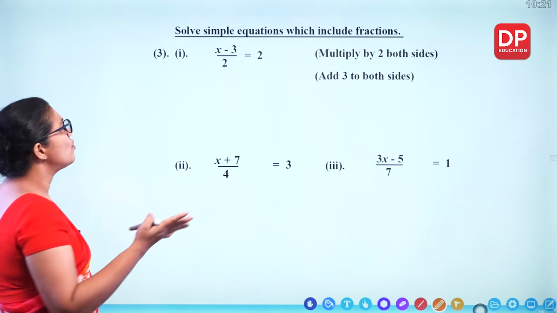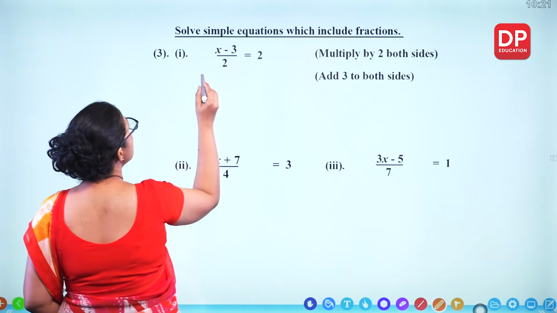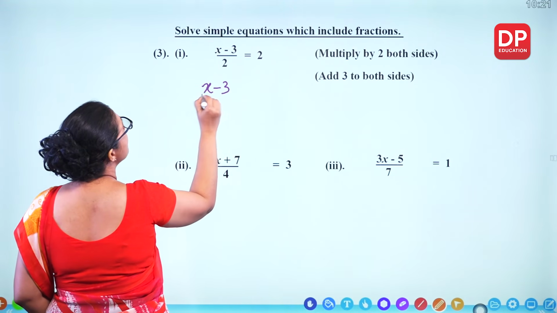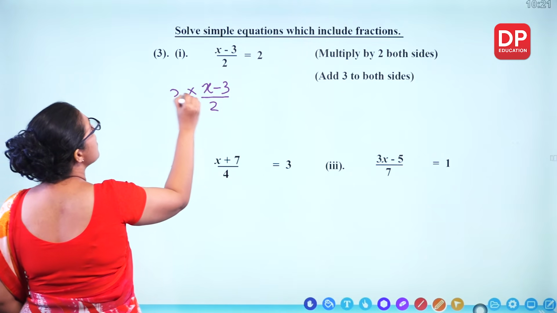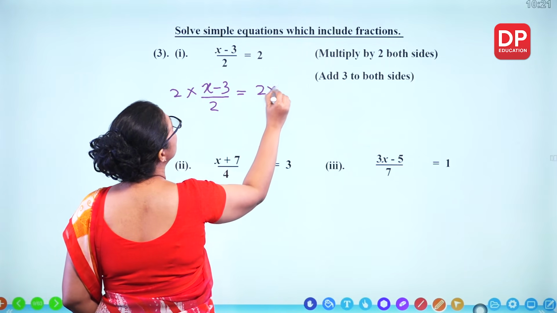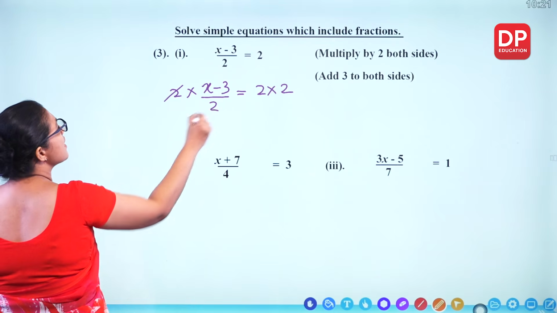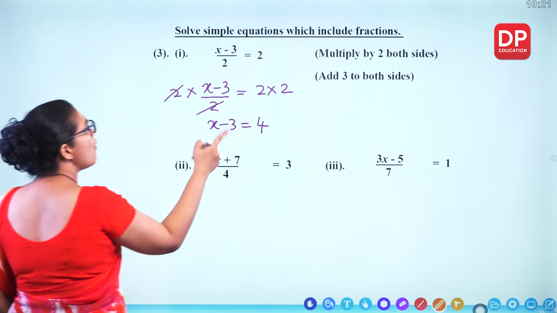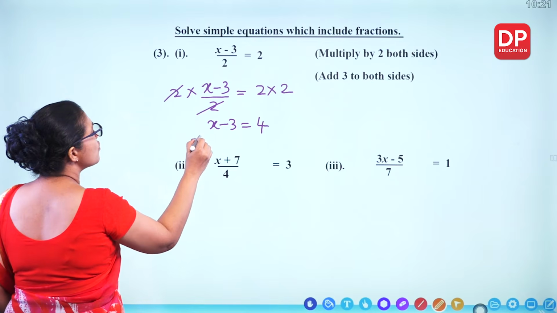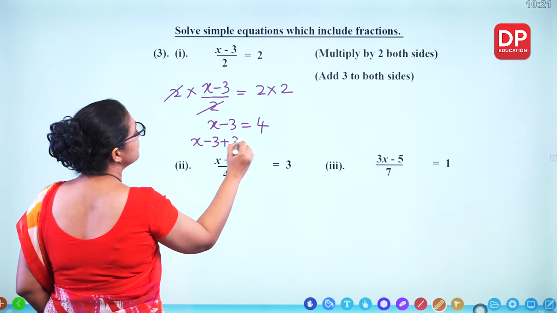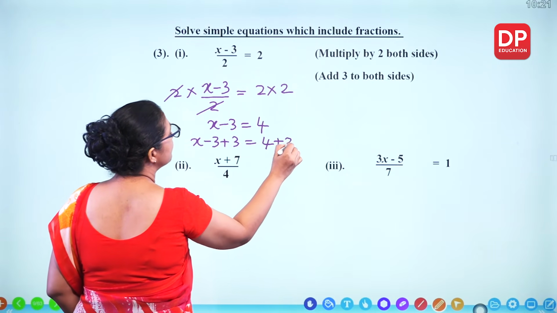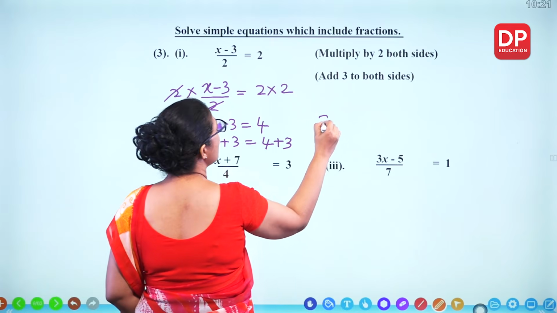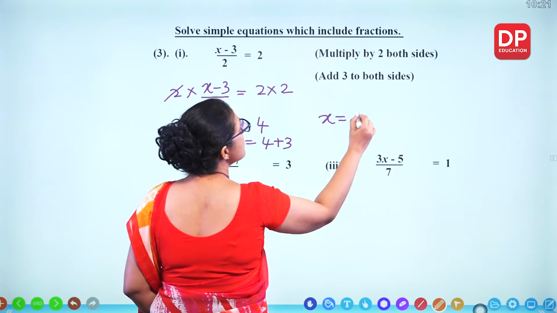I can multiply both sides by 2. Then this gets cancelled out. You get x minus 3 equals 4. Now you can add 3 to both sides. So what you get? x equals 7.